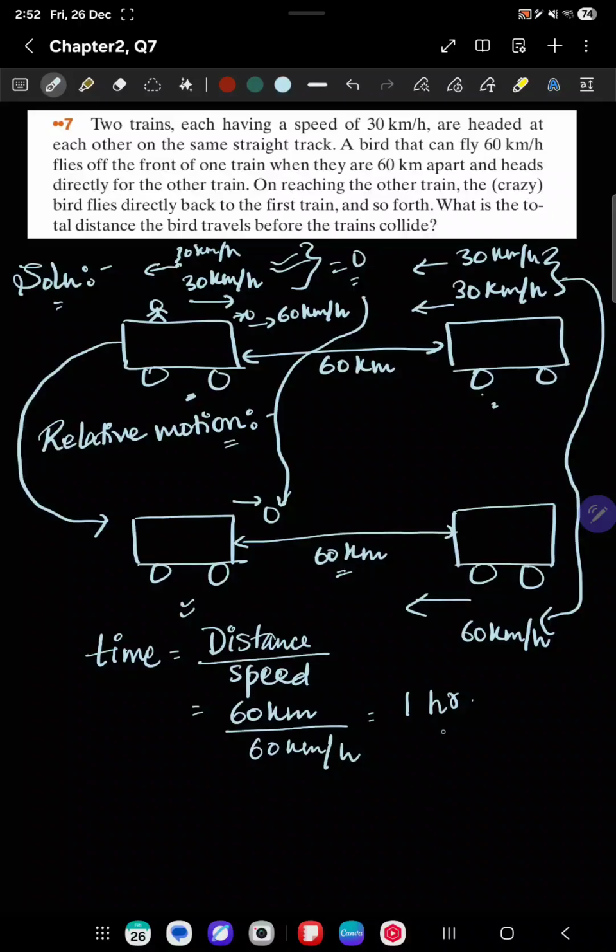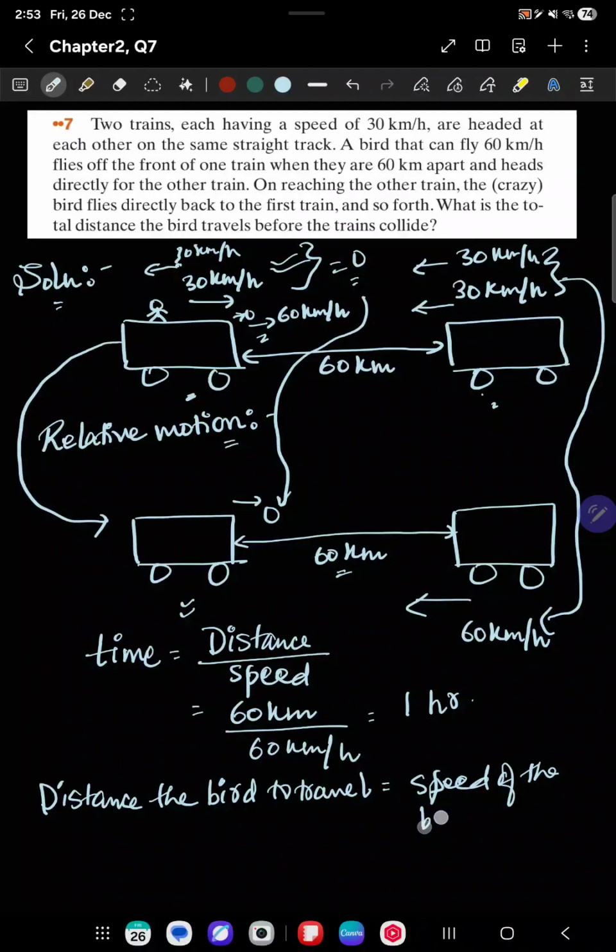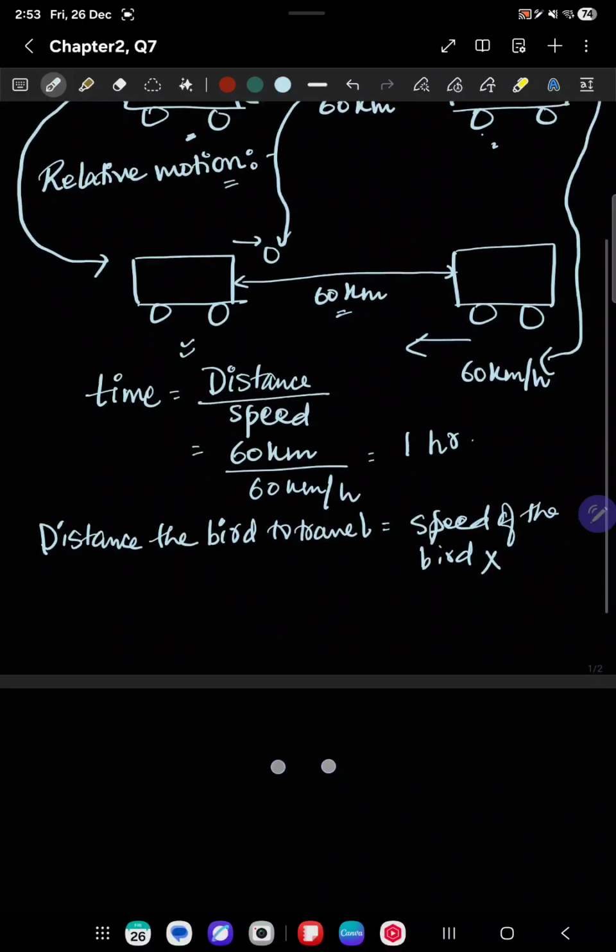So considering the initial situation, now considering the bird part also, this is the bird which is moving at 60 km per hour back and forth between those trains. Now to find out how much distance the bird has to travel, the distance the bird has to travel is basically the speed of the bird into time.